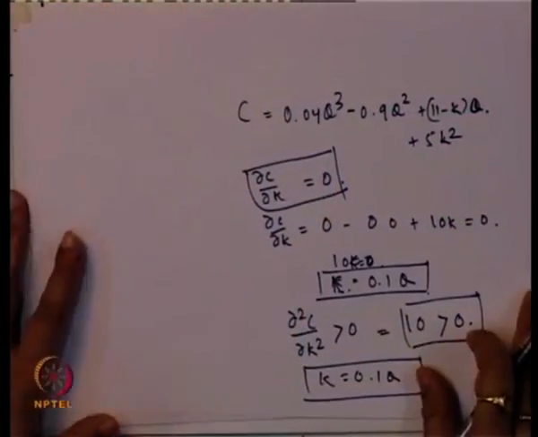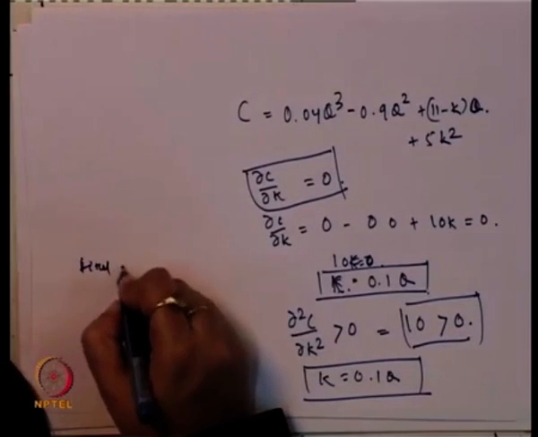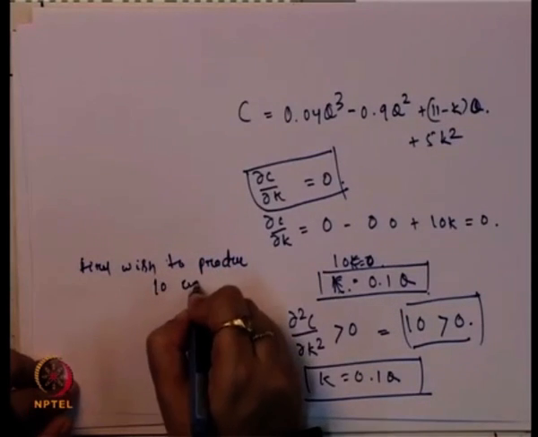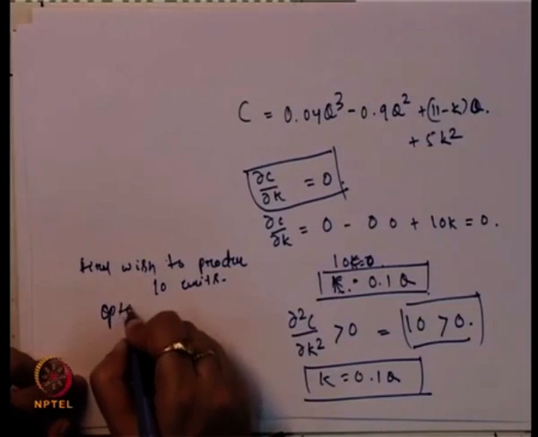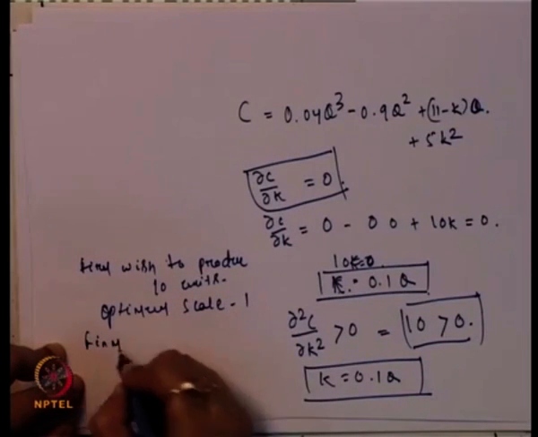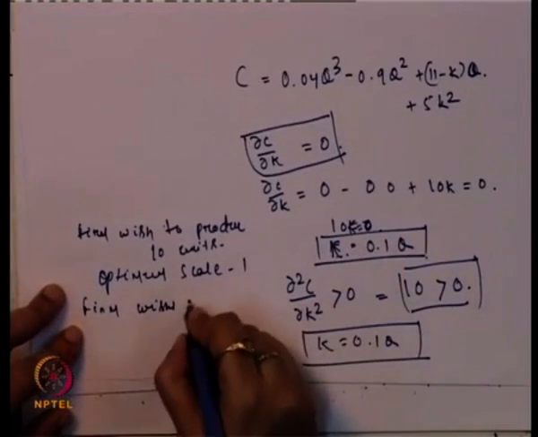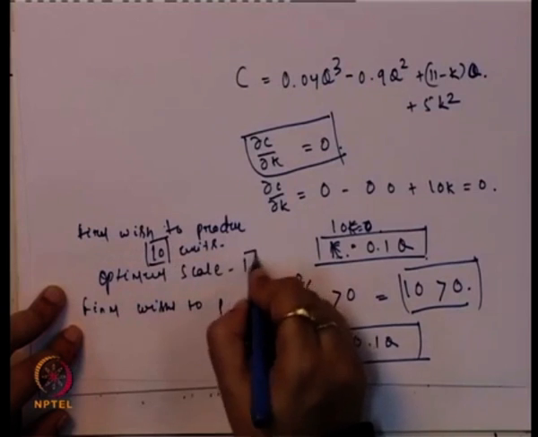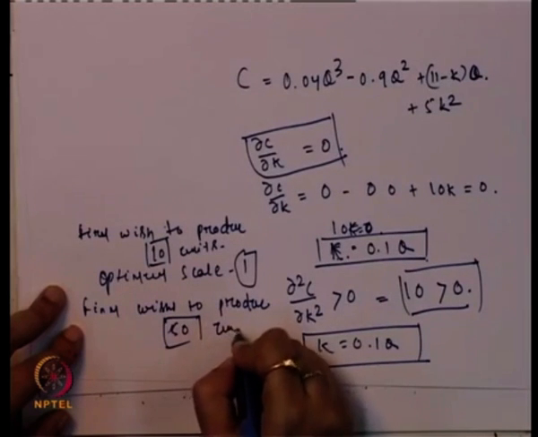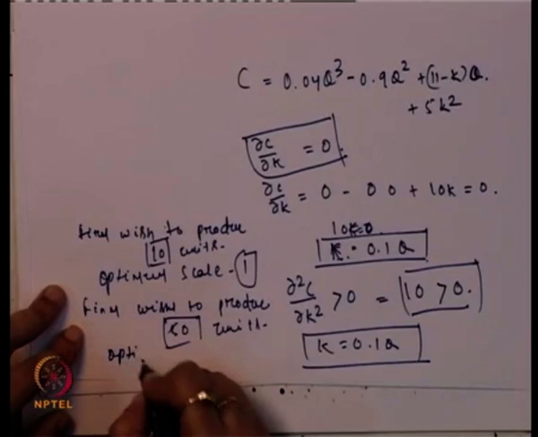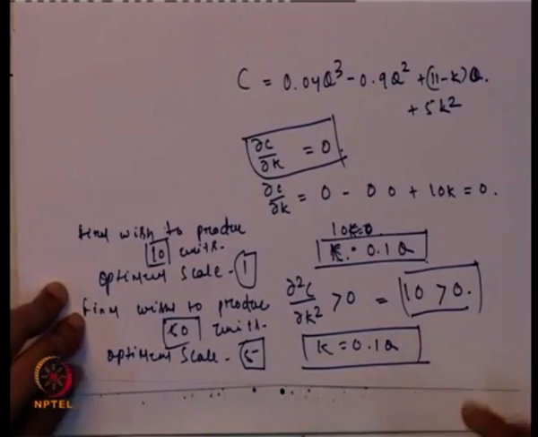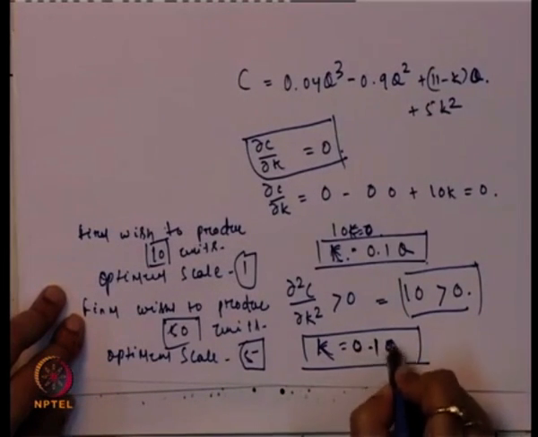And how do you interpret this? If the firm wishes to produce 10 units, the optimum scale is 1, and if the firm wishes to produce 50 units, the optimum scale has to be 5, because k is equal to 0.1q.